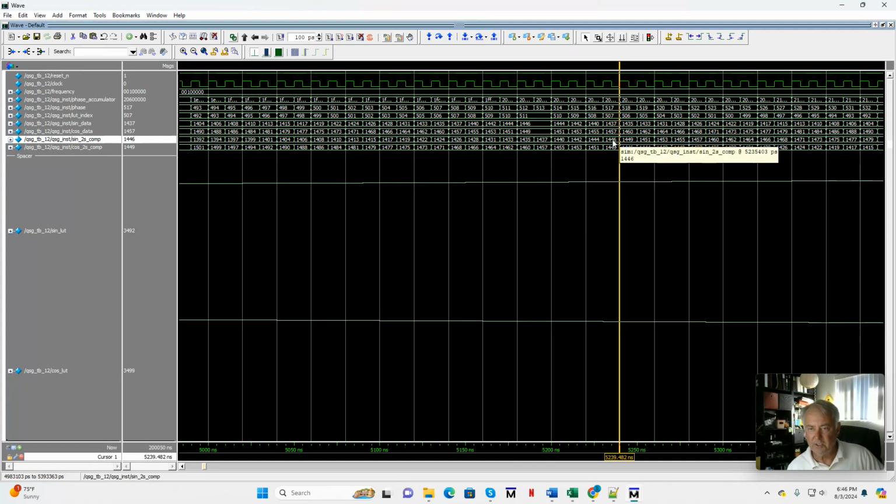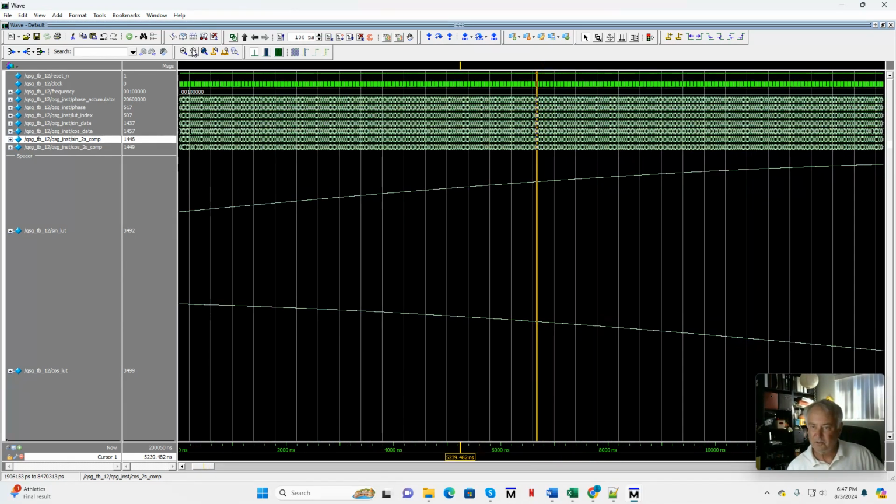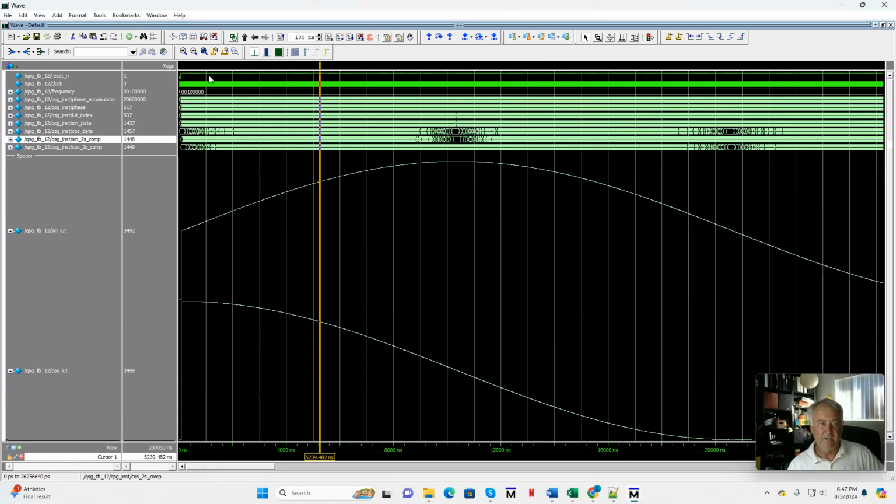So there's the transition from the data coming out of the sine lookup table to data coming out of the cosine lookup table. And the same thing is happening for the cosine data. Here's the last data in the cosine lookup table, and the first data, this is the data from 0 to 511 in the sine table. So we've made the transition from octant 0 to octant 1. I could go through the other transitions, but I'm sure you go blind looking at all this stuff.